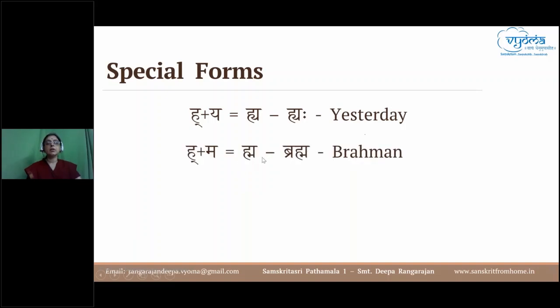The Makara does not start with this horizontal line. It is extended from the Hakara itself. Whereas Hakara with Nakara, the Nakara is written within that Hakara itself. So you can very clearly make out the difference between the two. They are not similar.